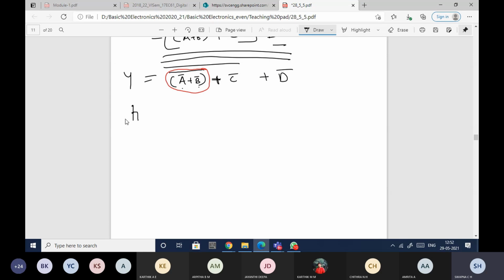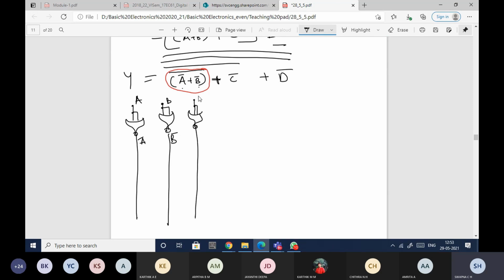So both the inputs of the NOR gate should be given to the same A. So I'll get A bar. Next B bar. So both the inputs I should give to the same B. So I'll get B bar, C bar. So both the inputs of the NOR gate should be given to the same C. So I'll get C bar. Next D bar. This is my D. I don't need A, B, C, D. So that's why directly I'm taking A bar, B bar, C bar, D bar only. Okay, that's what I did here.